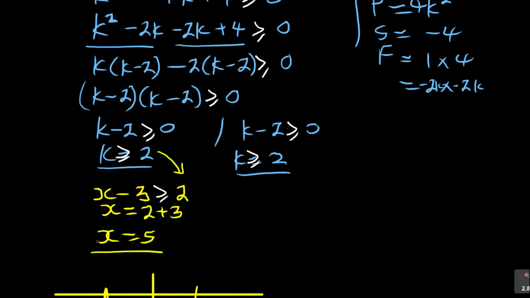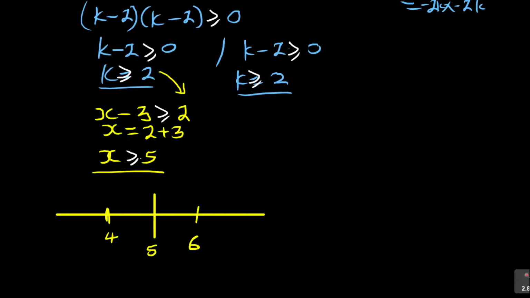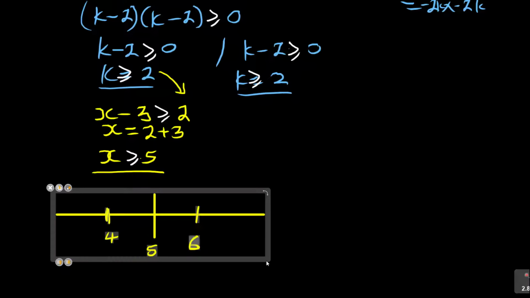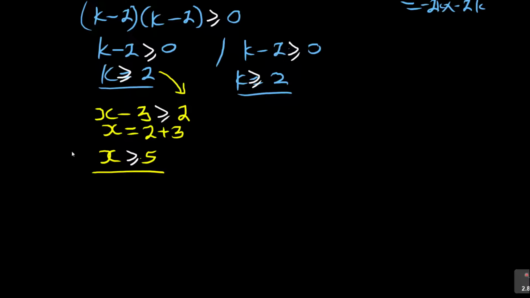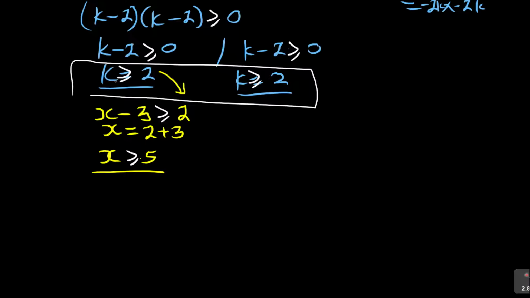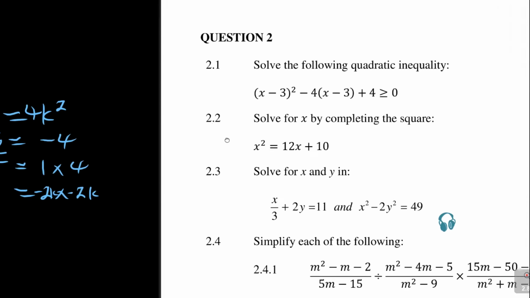So which means, when I'm looking at the final answer here, the final answer is x is greater than or equal to 5, because the testing, you'll see some of the part where I'll be doing the one whereby you have to test, but unfortunately this one is not allowing that, because it was having same values with k is equal to 2, k is equal to 2. So then the answer becomes that. All right, let's move on.